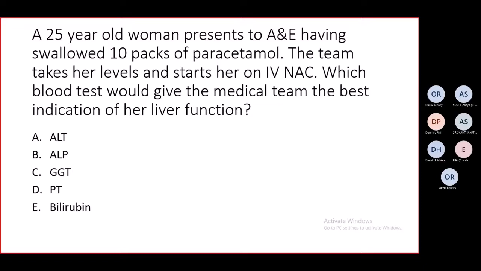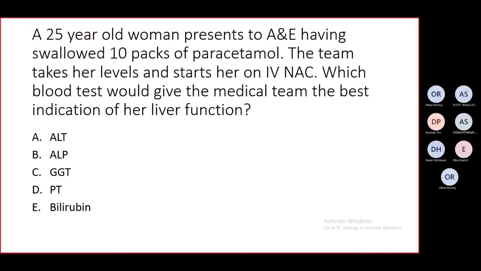There we go. A 25-year-old woman presents to A&E having swallowed 10 packs of paracetamol. So maybe that's a lot. The team takes her levels, say she took it 7 hours ago, and she is started on IV NAC, which is N-acetylcysteine. Which blood test would give the medical team the best indication of her liver function?